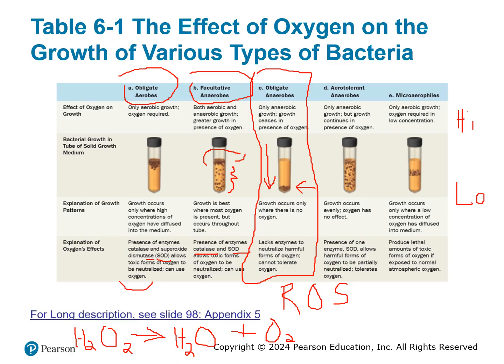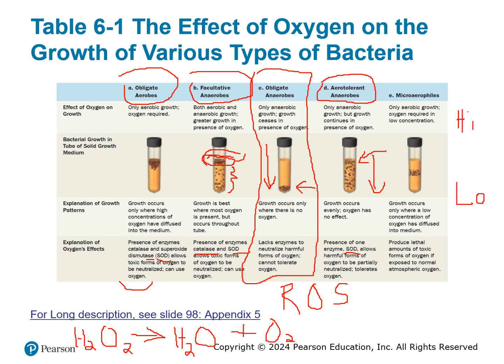All right, so here we have aerotolerant anaerobes. These guys can live with it, but they can't use oxygen. So you see the difference between here and here. Right here we have a band where it has better growth. Over here it's just evenly distributed throughout, because this guy only has superoxide dismutase, so it can tolerate oxygen.